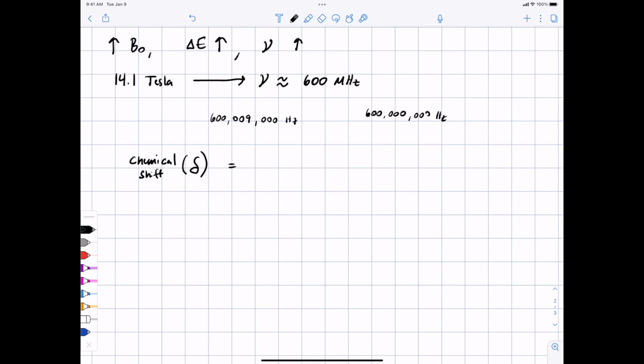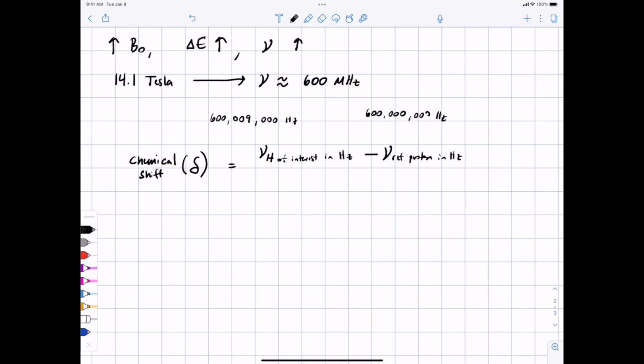You take the frequency at which a proton absorbs, the proton of interest, in hertz. Then you subtract the frequency of a reference proton, also in hertz.